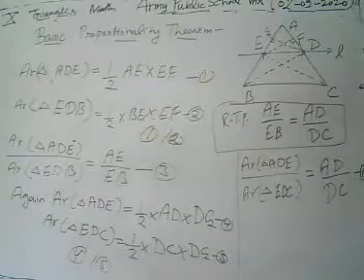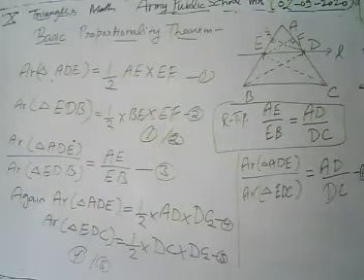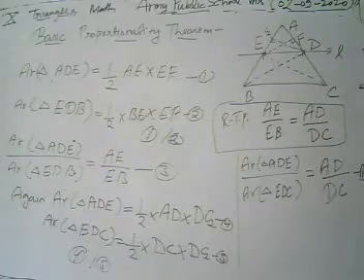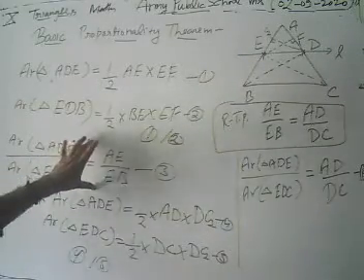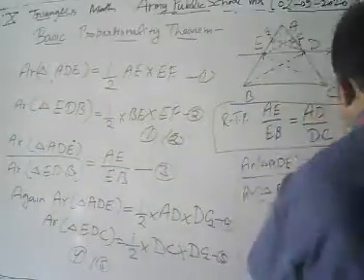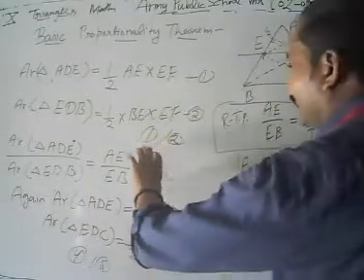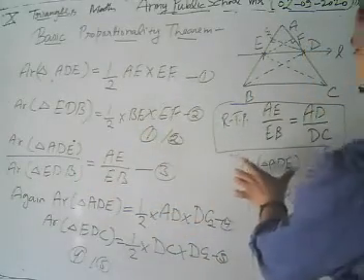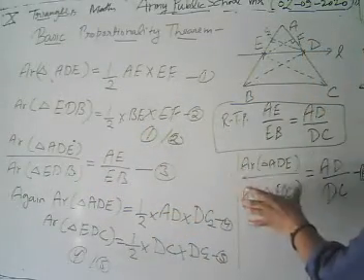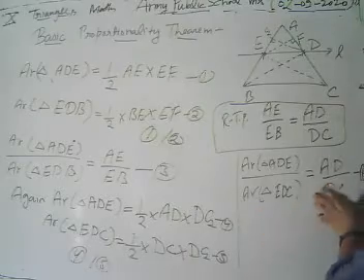Now look, just see in our two equations. We just need equation 3 and 6. Just look, equation number 3. Area of ADE to area of ADB is AE to EB. We also have area of ADE to area of triangle EDC is AD to DC.